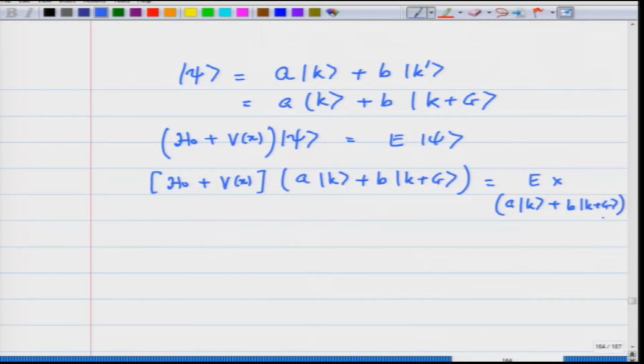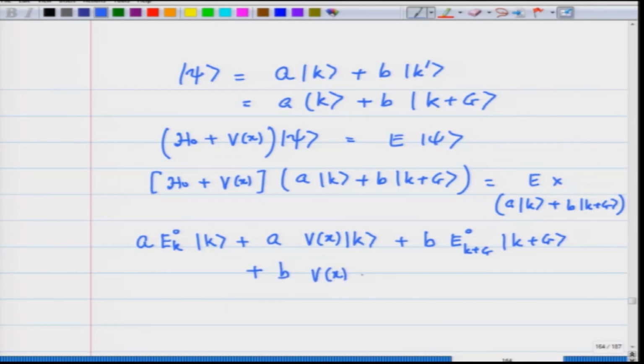and that gives me A Ek0 when H0 acts on |k>, times |k>, plus A V(x)|k> plus B E(k+G)0 |k+G> plus B V(x) acting on |k+G> is equal to A E|k> plus B E|k+G>.